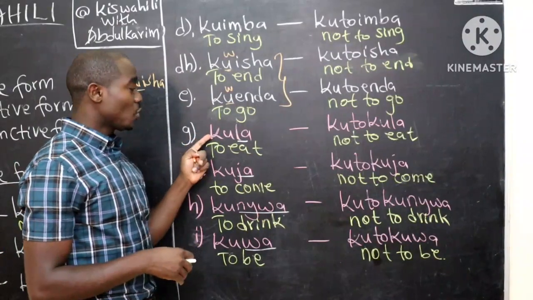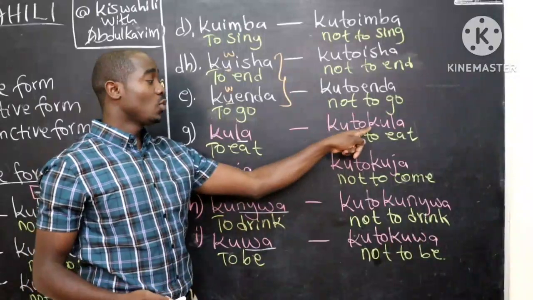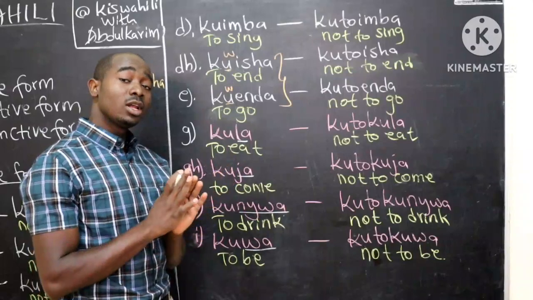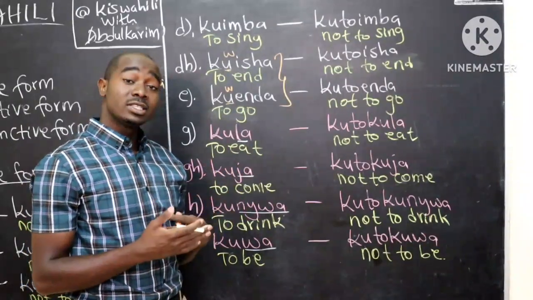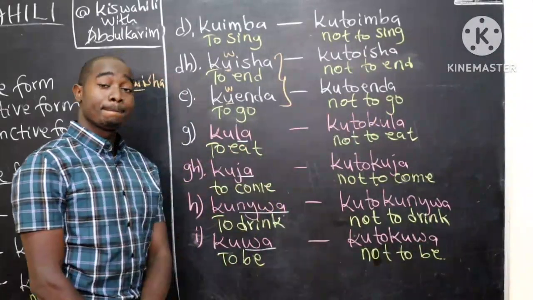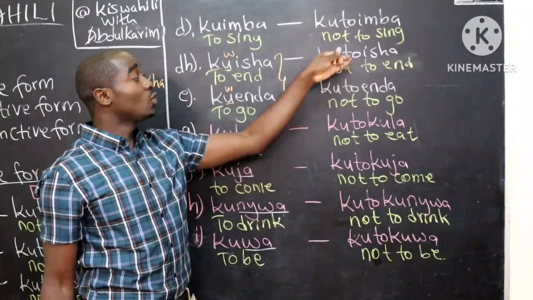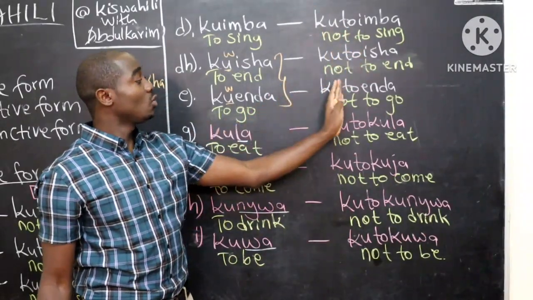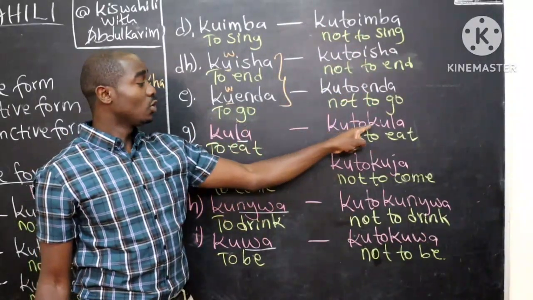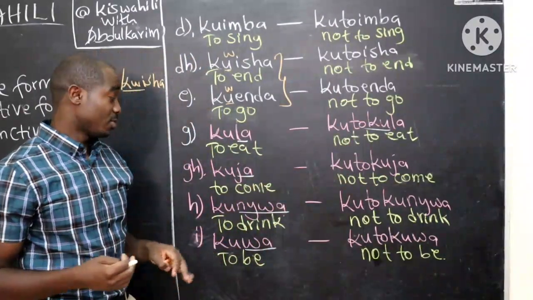Kula itakuwa hivi, kutokula. This one, we retain the ku in this place here. We have some instances where a verb like kula loses the ku, and some instances where it retains the ku. With the others, the ku at this part disappears, but with kula, kutokula, the ku is still there, because it is a monosyllabic verb.